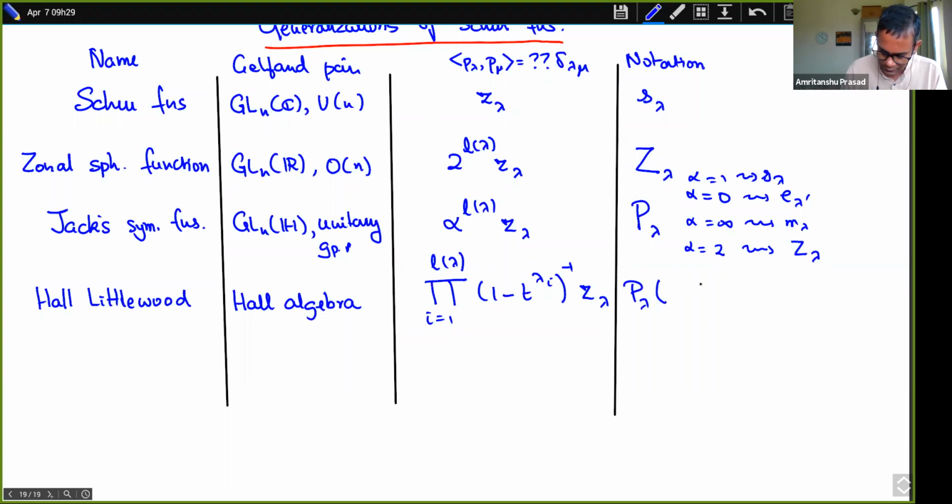There's an implicit set of variables x, but then there's this parameter t. P lambda at t=0, so removing that part, is just Schur functions, and P lambda at t=1 is the monomial symmetric function. And then the Macdonald polynomials.